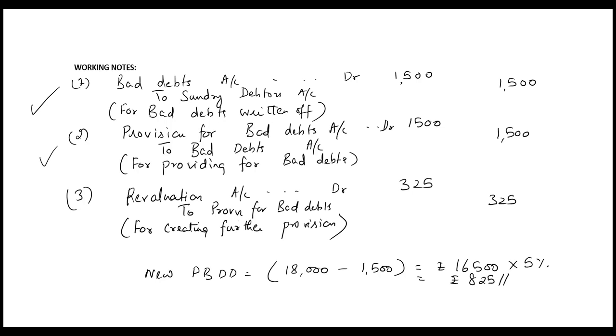And then we needed a provision of 825. We had only 500 balance in the provision for bad debts account. So we debited the revaluation account for the excess required, which is 325 rupees, 825 minus 500.